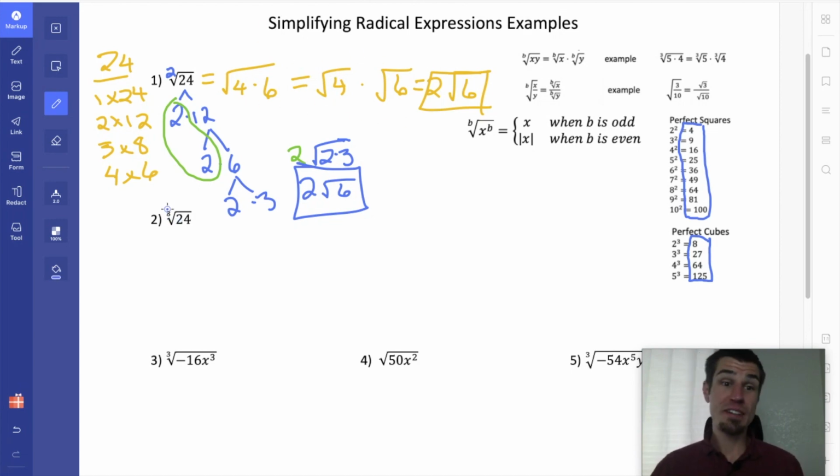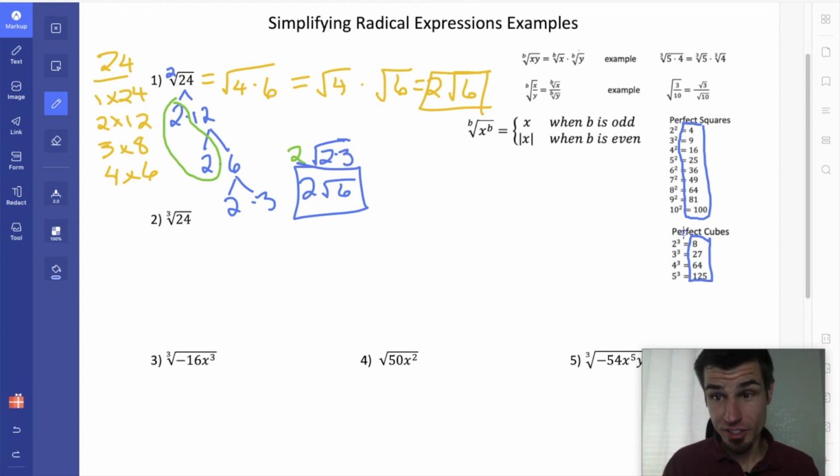So now what if we have the cubed root of 24? Well, in this example, we looked for perfect square factors because it was a square root, but now we have a cubed root. So what are we going to be looking for? Do we want perfect squares? We want perfect cubes. We want perfect cubes because the index will tell us what to look for.